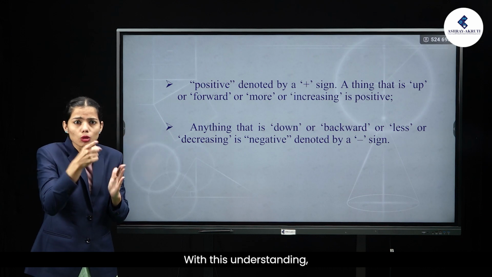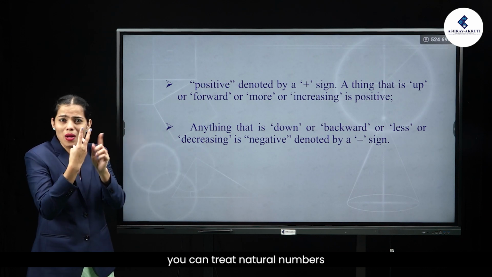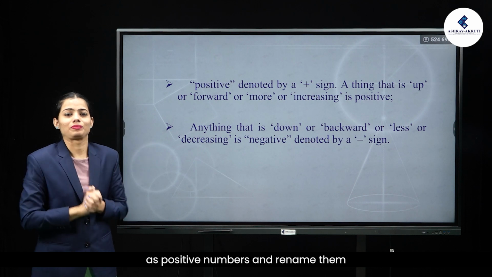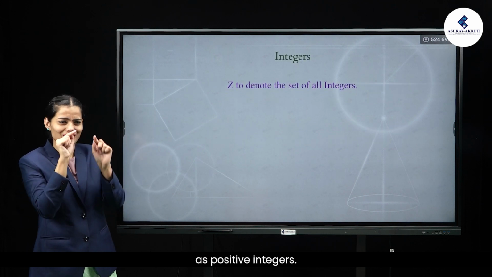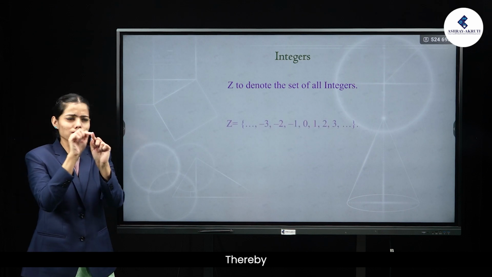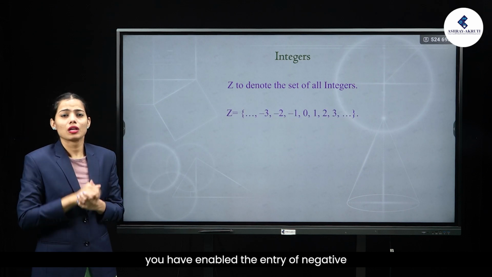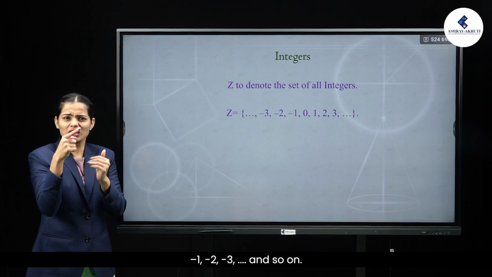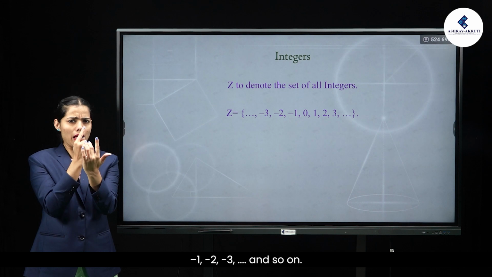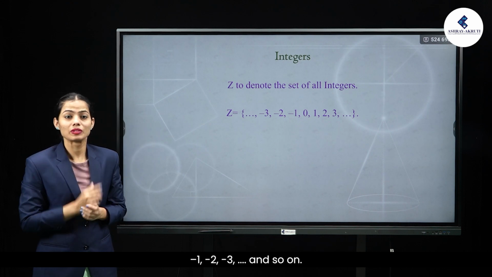With this understanding, you can treat natural numbers as positive numbers and rename them as positive integers. Thereby, you have enabled the entry of negative integers minus 1, minus 2, minus 3 and so on.